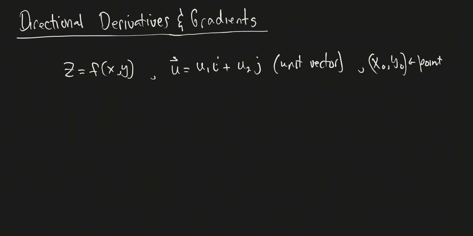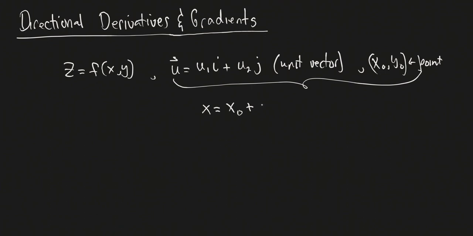Now remember what we did. We used the point and the unit vector to come up with a set of parametric equations for the line that passes through that point and then moves in whatever direction we define, right? So we used both these two things, and we came up with an equation for x, which would be the x0 value plus some parameter times u1.